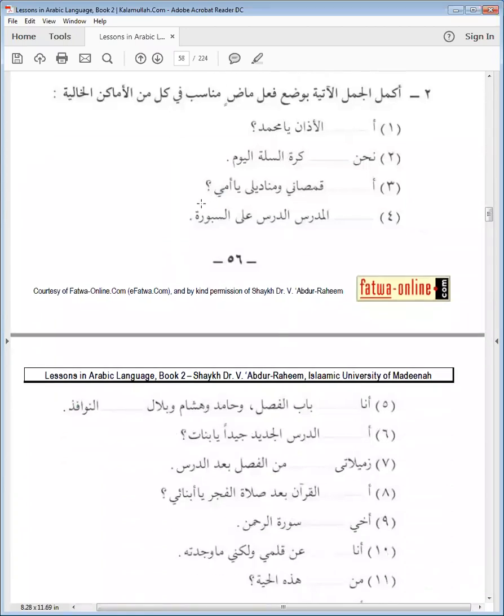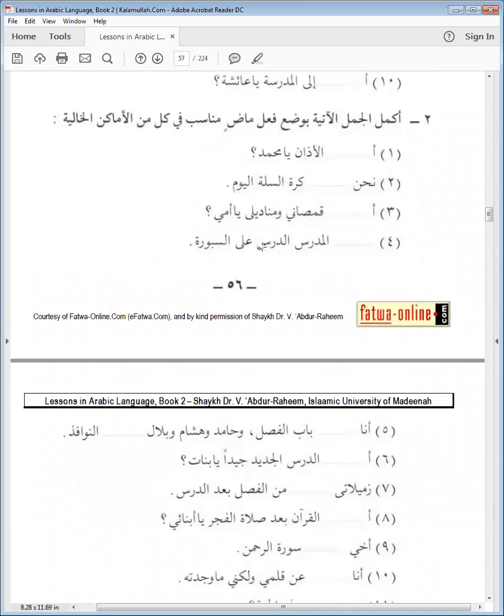Last example, and then we go to the next exercise, right? Number four. This is not a question here, right? You see, it ends with no question mark at the end, just a full stop, and at the beginning there's no hamza. So it's a statement. Let's look at the statement.